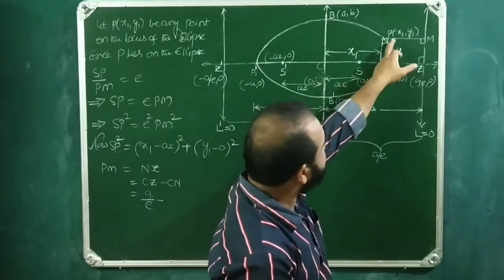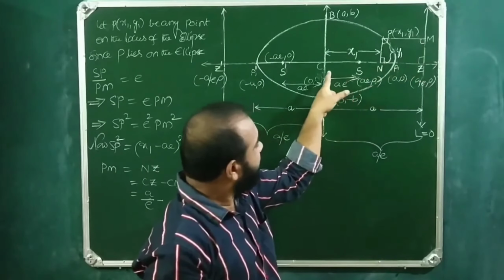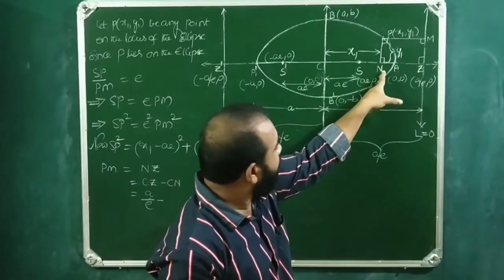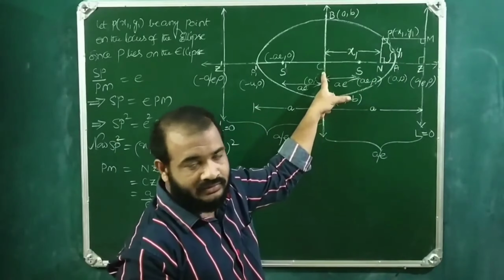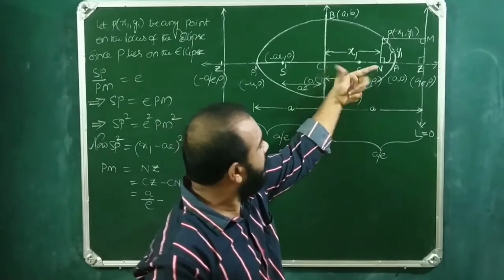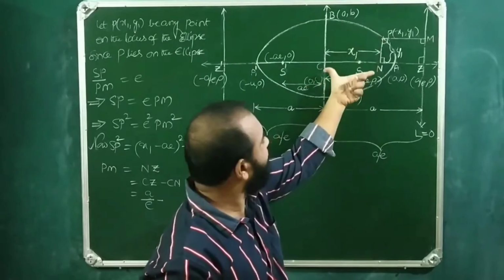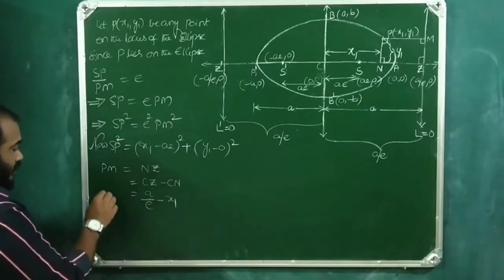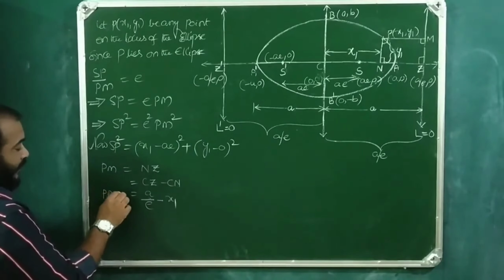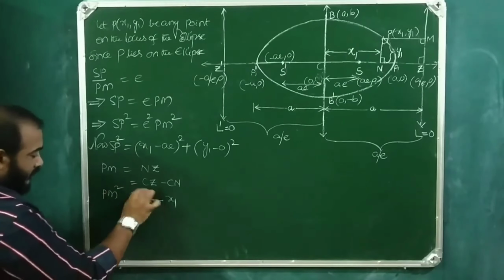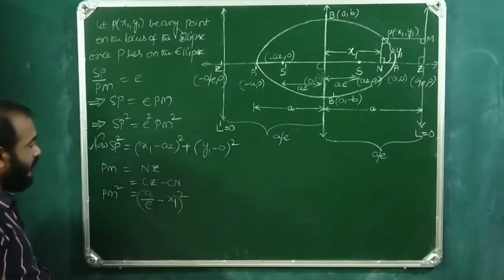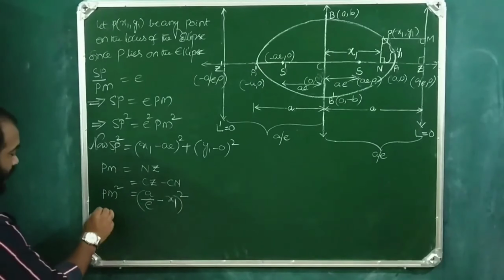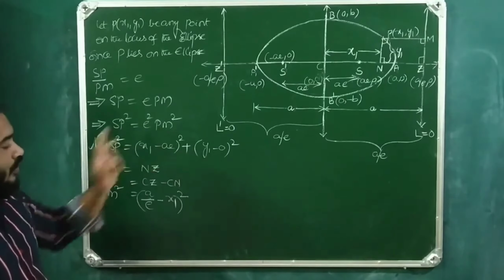CN is, since this is P x1 y1, the distance of this N from the origin is x1 and this height is y1. Therefore, this CN is x1. So this is PM, and PM square is this square. Now SP square equals E PM square.